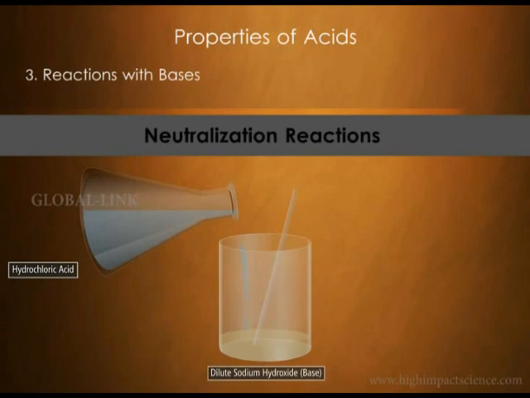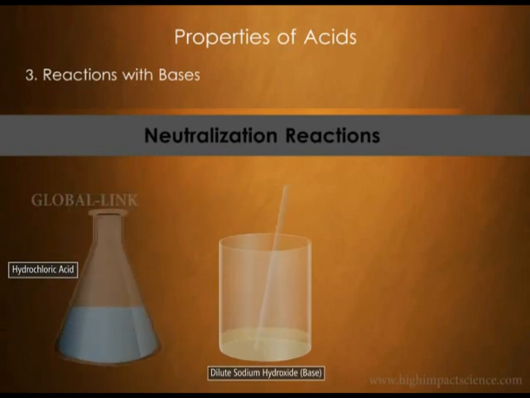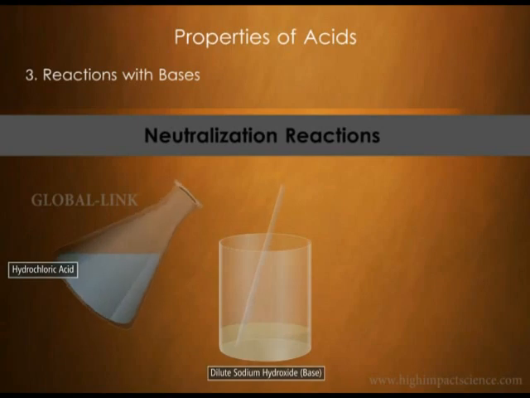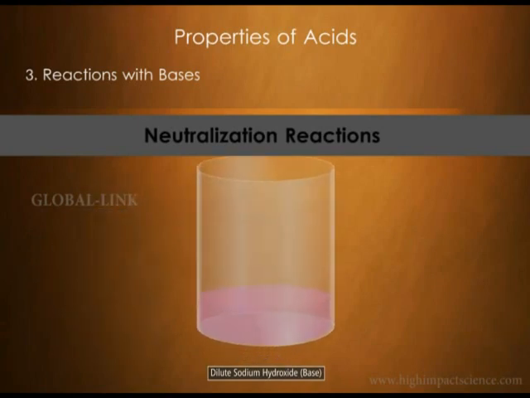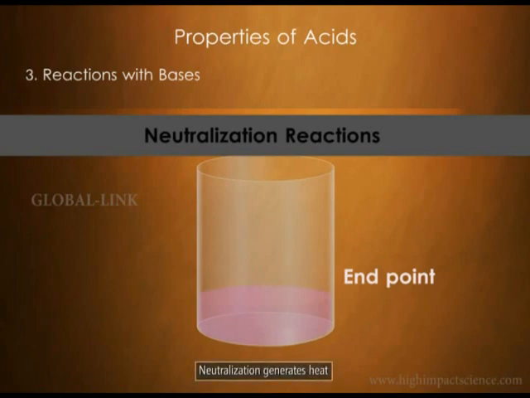We continue adding the acid drop by drop and keep stirring until the point where the color of the solution changes to pink. The change in color indicates that the added acid is just enough to neutralize the base. This is called the endpoint. During neutralization, the solution generates heat.